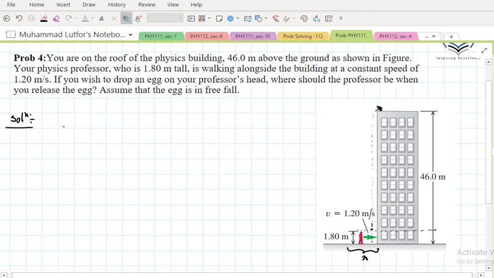First, I'm going to find the time taken by the egg to travel, using the formula y = y0 + v0y t + half a_y t squared. v0y would be 0 because I drop it, so the initial velocity is 0. Then y is 1.8 and y0 would be 46, right?